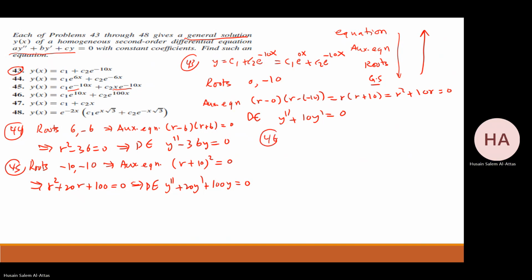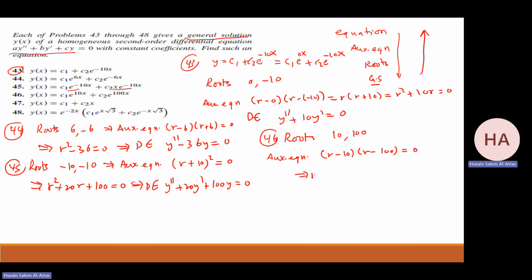46. The roots are what? 10 and 100. Okay. So the auxiliary equation is r minus 10 times r minus 100 equals 0.